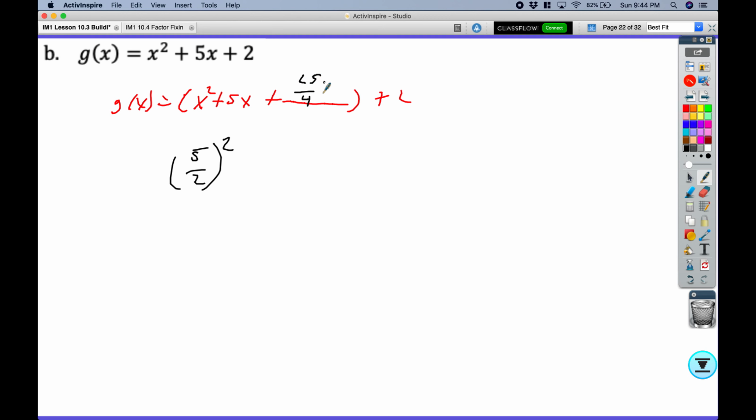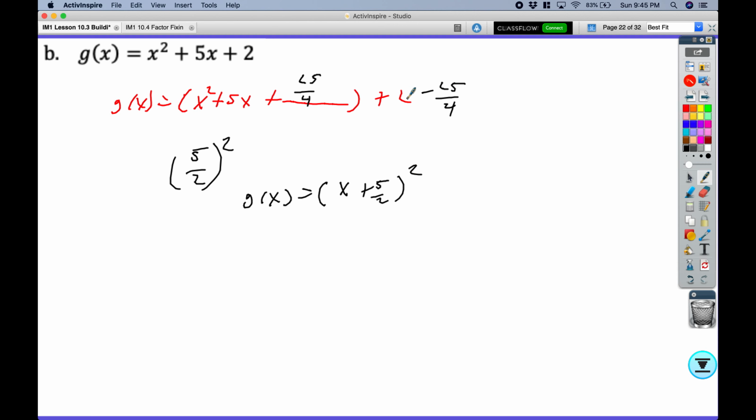Since I added 25 over 4, I'm going to subtract 25 over 4. So this would give me then g of x is equal, I'm going to complete the square here, and rewrite this as x plus 5 over 2 squared. And then now I'm going to subtract these.